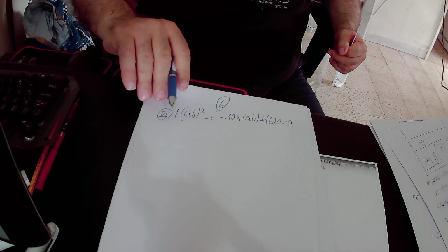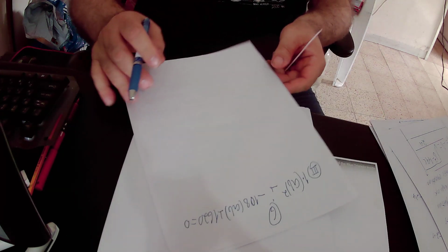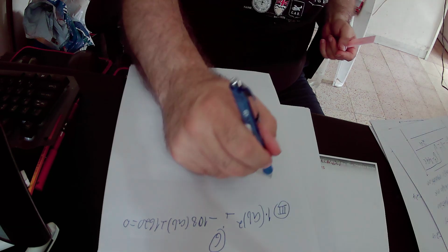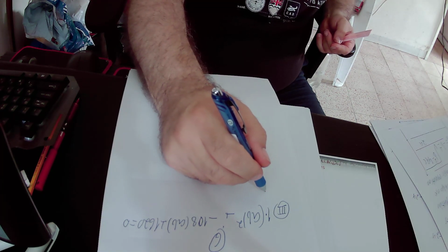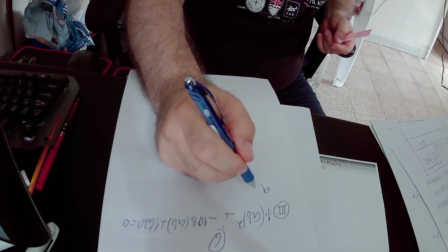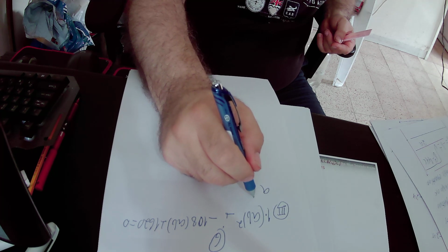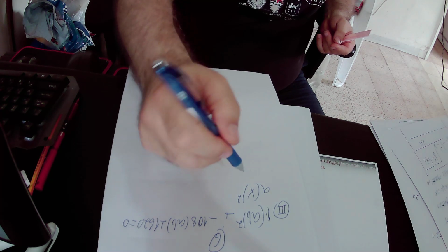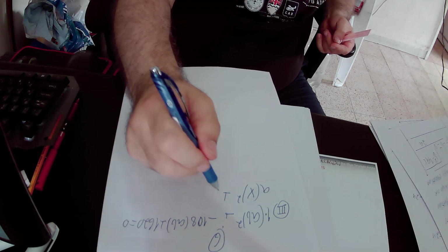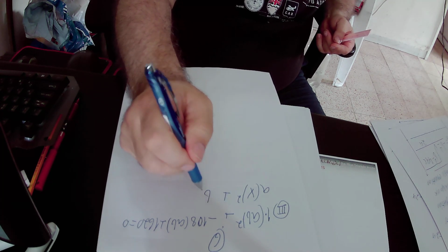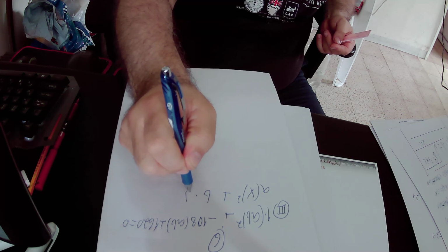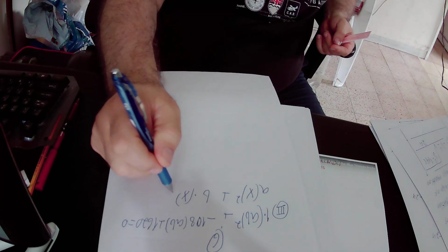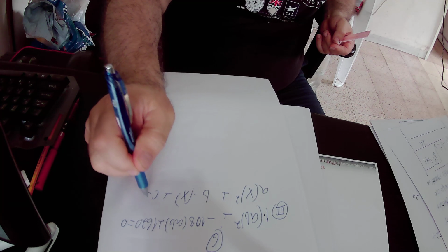So we will write again the general formula for a quadratic equation, that is a times x squared plus b times x plus c equals 0.